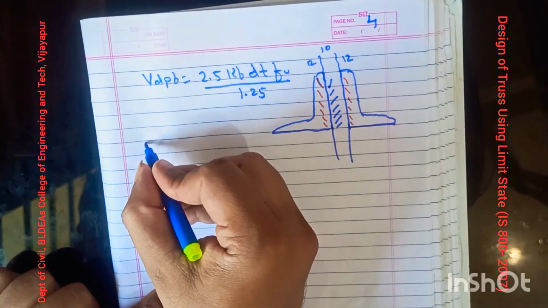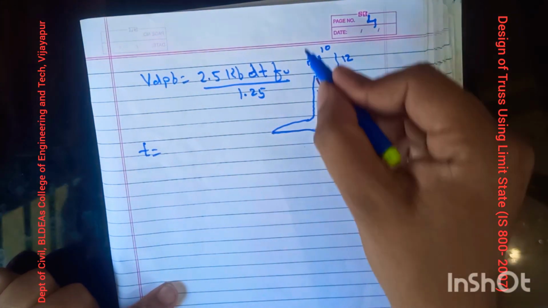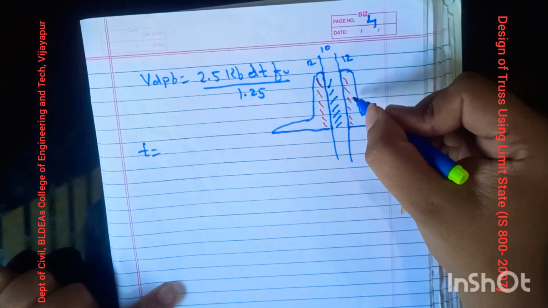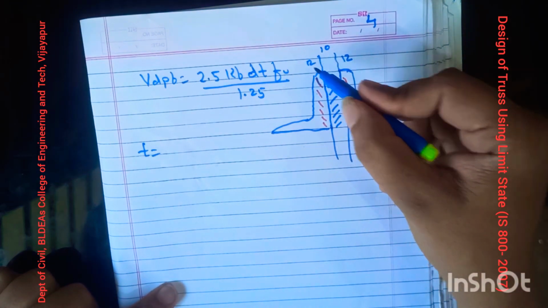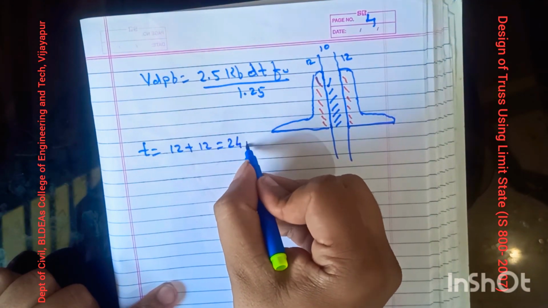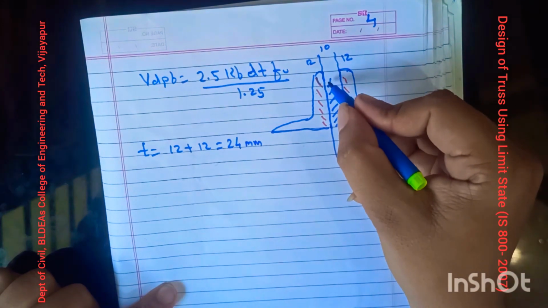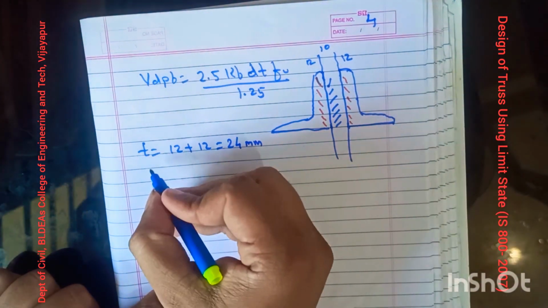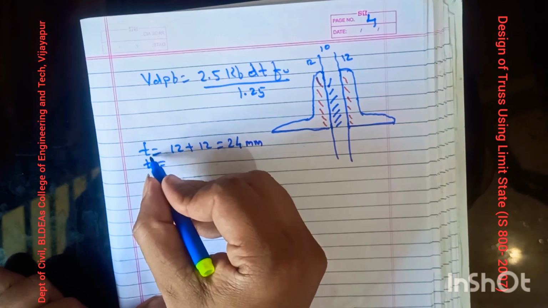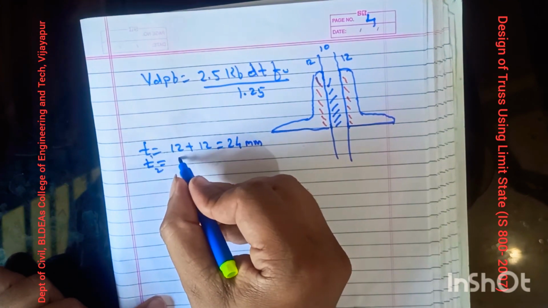So in one direction, that is upward, this angle is bearing and this angle is bearing. The summation of thickness is 12 plus 12, that is 24 mm. And in the opposite direction, only the gusset plate is moving. So we'll call them t1 and t2, it is 10 mm.